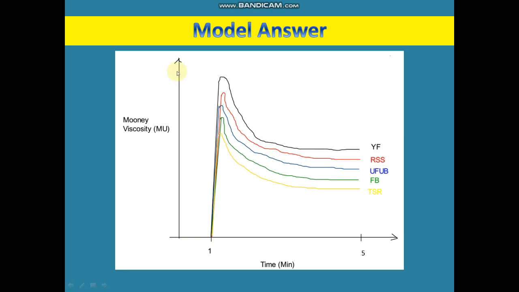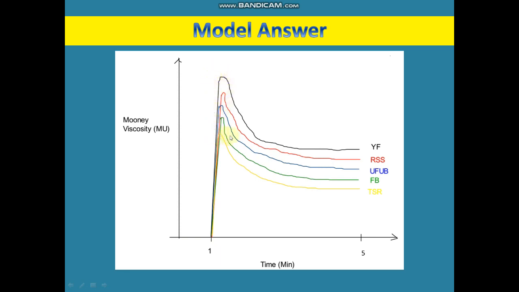We can see the Mooney viscosity on the y-axis in Mooney units, and the time on the x-axis measured in minutes. The yellow fraction has the highest initial torque value, then RSS, thirdly the unfractioned unbleached crepe rubber, fourthly fraction bleached crepe rubber, and finally TSR.